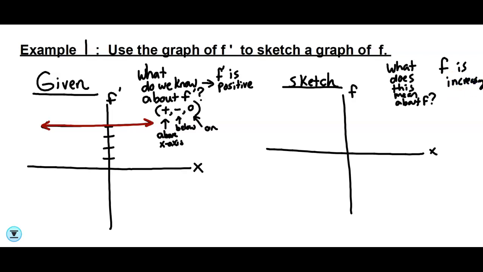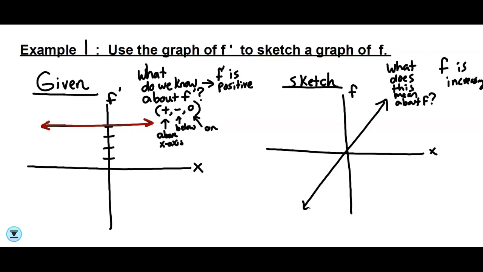And so my graph would look like a line that's constantly going in an upward direction, because since f prime is always positive, f will always be increasing, and therefore it will just look like a line that's going up.